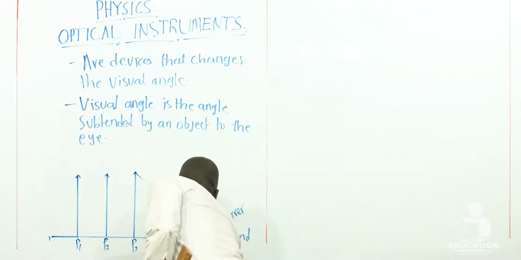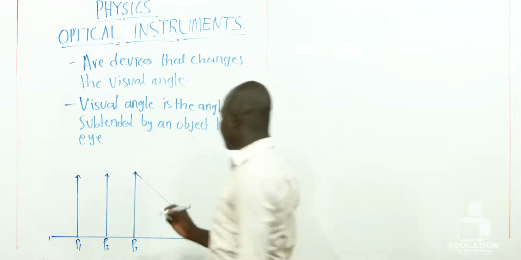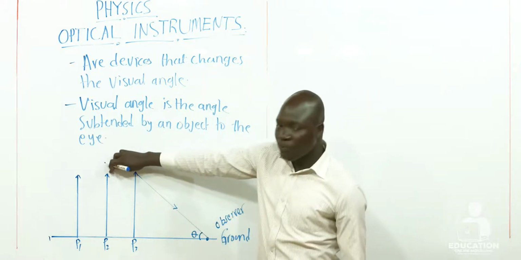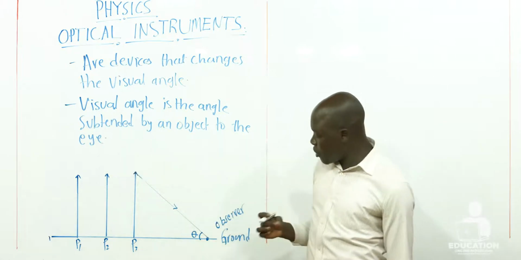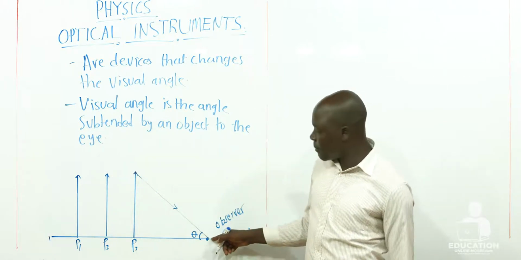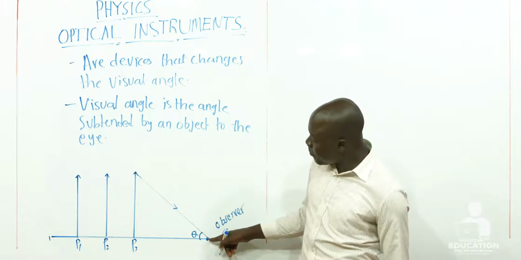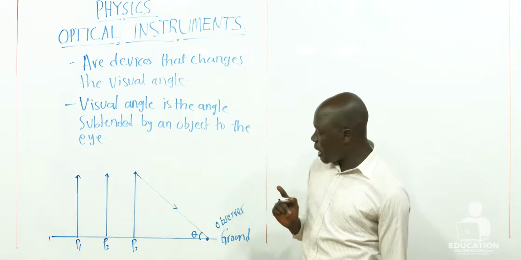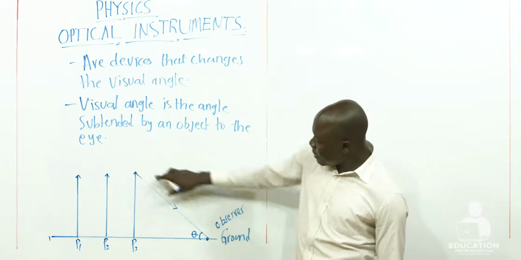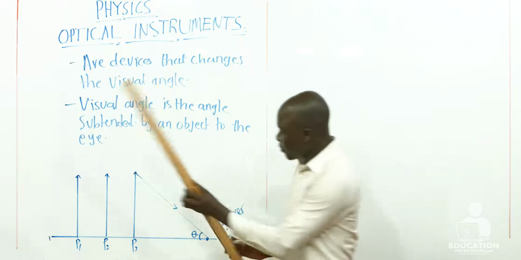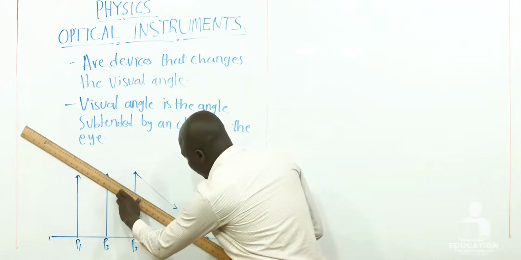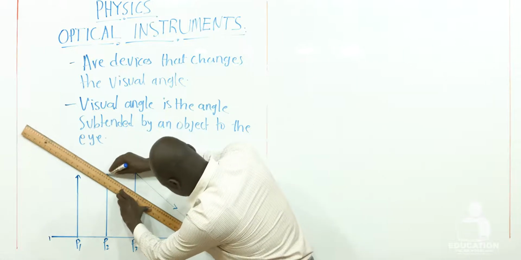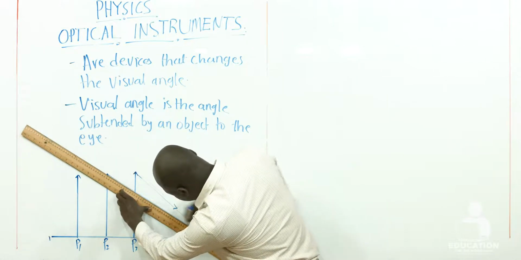So if we call this angle theta, then the second pole will also subtend a certain angle to the eye of the observer. Meaning the angle at which the observer will view pole 2 will be different from the angle at which the observer views pole 3. So now a ray of light from pole 2 will also enter the eye of the observer in this direction.